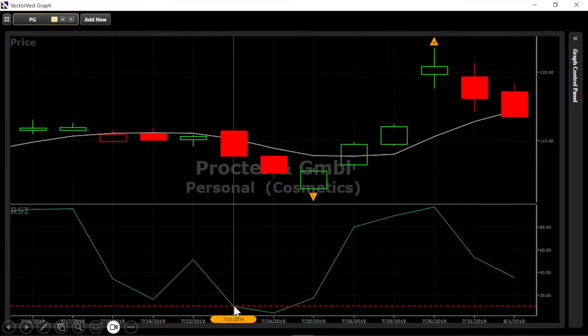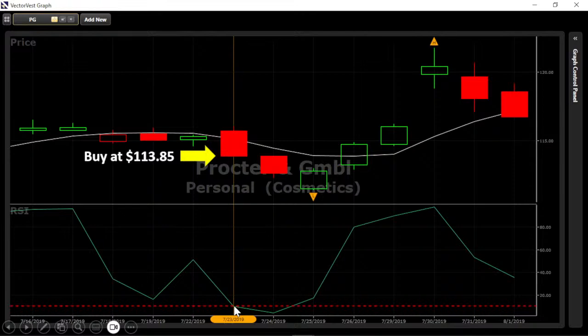Now, I don't know what the price of the stock of Procter & Gamble was at 3:50 p.m. on July 23rd of 2019. I don't have that data. I do know what the stock price closed at. So for the purposes of my demonstrations here, I'm going to use the closing price. We are trying to get it as close to the close as possible. Okay? As close to the close as possible.